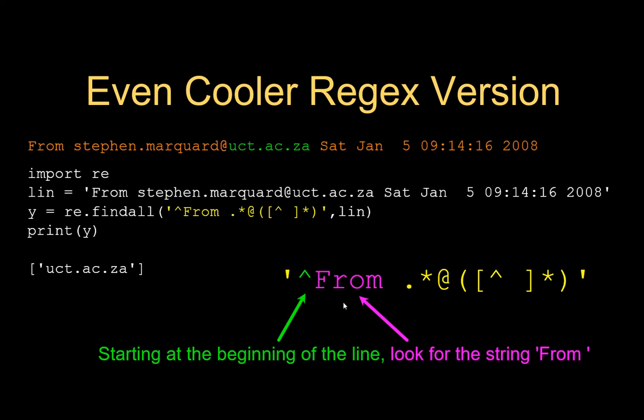But here, because we have that caret From, it means that this domain comes from the emails that are in the line that starts with capital F From. So if you have this email on the next line at the beginning, because it doesn't have From space at the beginning, it does not match our criteria.